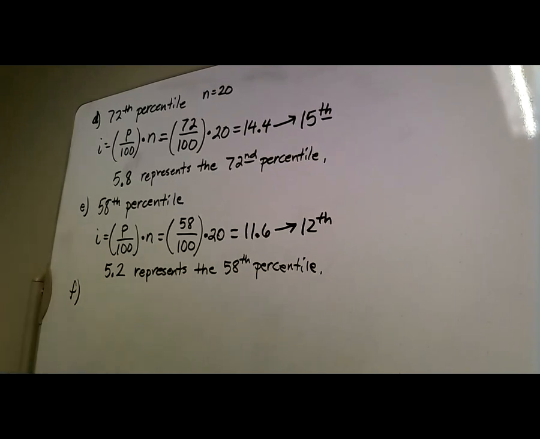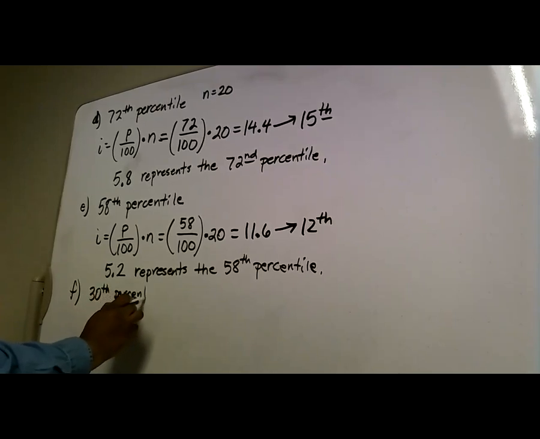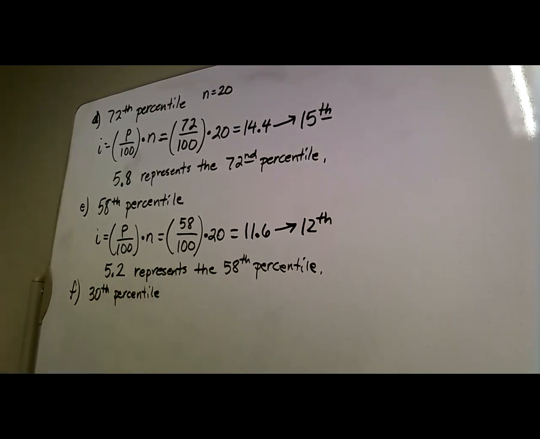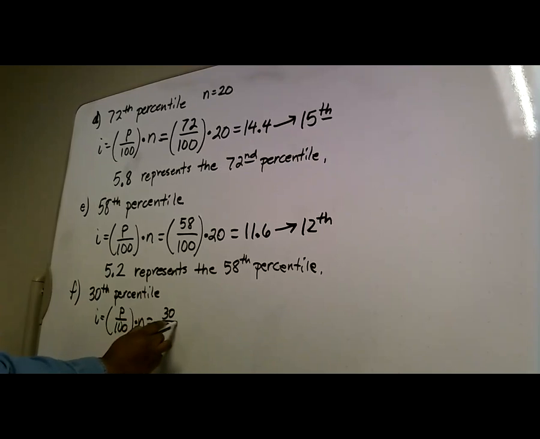All right, now part F, here we're going to be looking for the 30th percentile. So here we're going to be doing I is equal to P over 100 times N again. This time it'll be 30 divided by 100 times 20. Now what's 30 divided by 100 times 20?